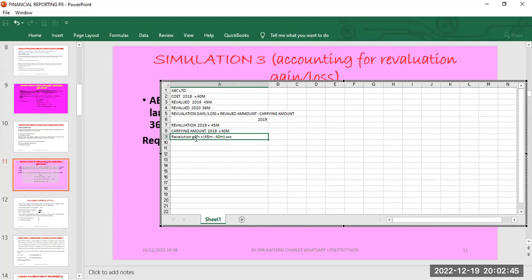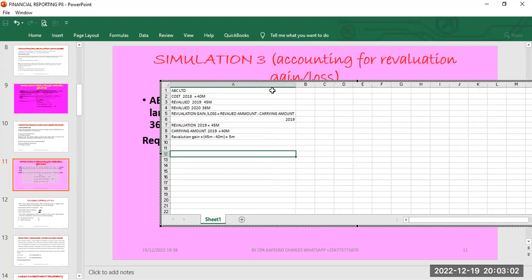And this will be giving us 5 million as the gain. That's the gain we had in 2019.